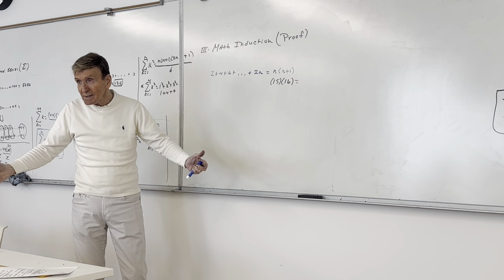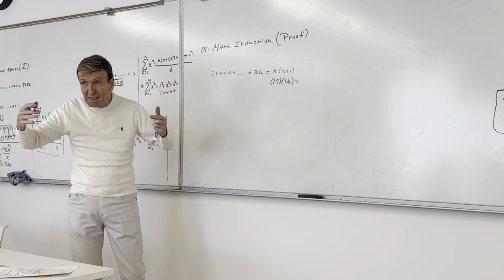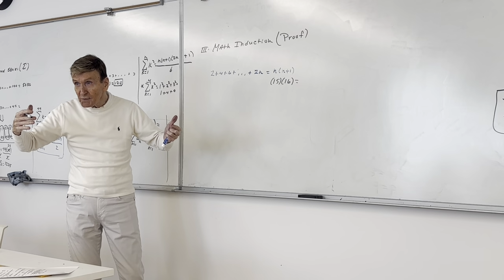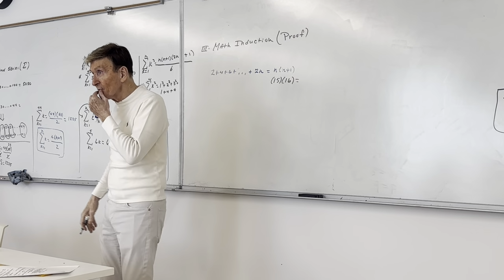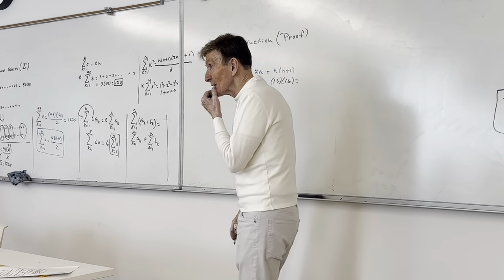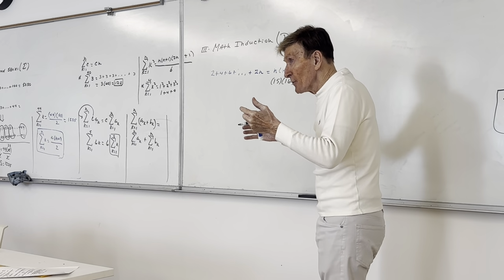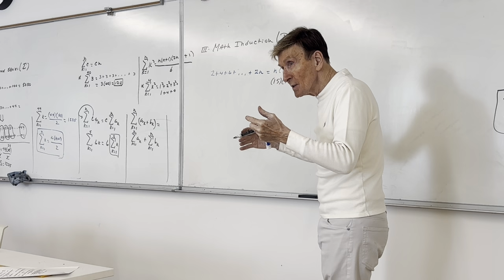Whatever that number is, that's the sum of the first 15. The left-hand side is just telling me the value of the 15th term. They differ. And they differ so much, you say, Professor, are you sure those two sides are equivalent?